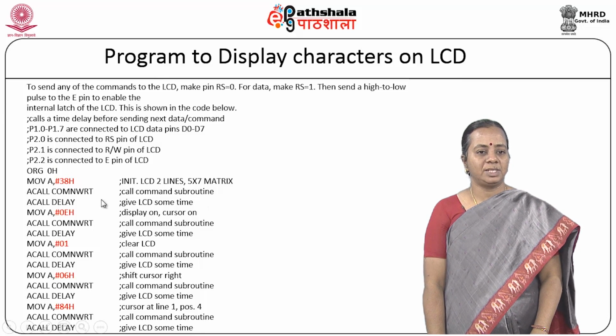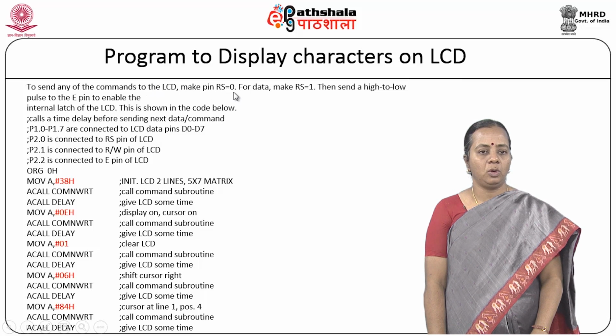Now, this is a sample assembly code to display characters on LCD. If I make RS as 0, then the LCD understands that it is receiving commands. If I make RS equal to 1, the LCD understands that it is getting data.